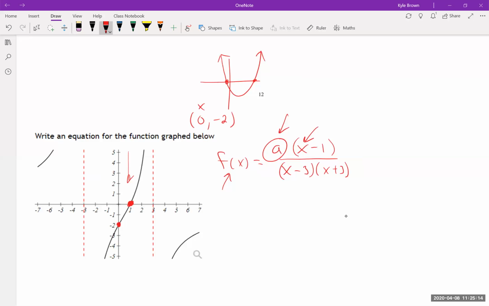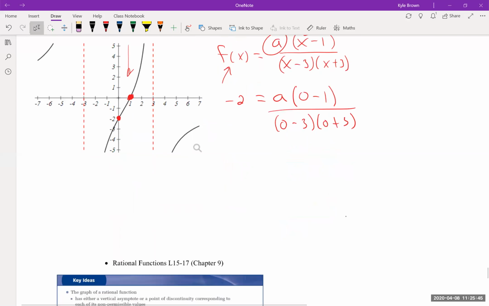Well, there's my x and there's my y, right? So I can throw those into this and figure out what value I need for a. Instead of f of x, which really is just y, I'm going to throw in -2. So -2 is equal to a over, and instead of an x, I'm going to throw a 0 in there, so 0 minus 1, over 0 minus 3 times 0 plus 3.